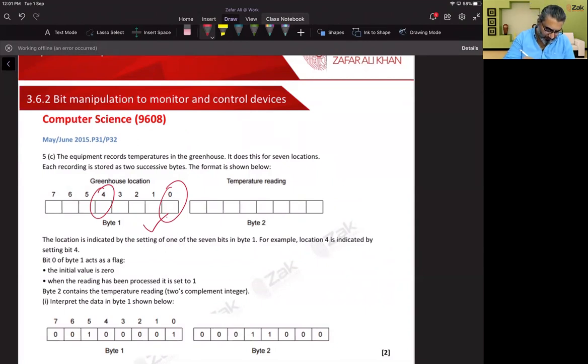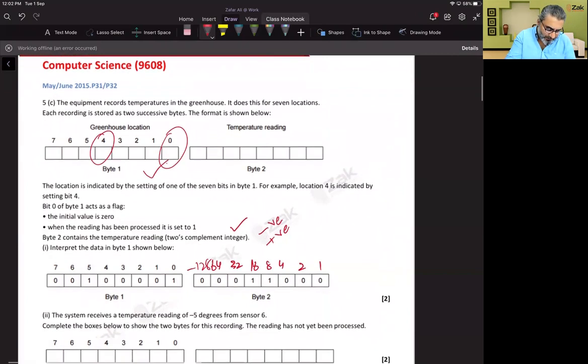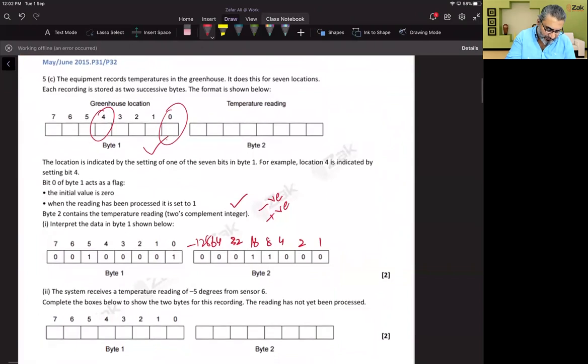Byte 2 contains the temperature reading as a 2's complement integer. So it can be negative as well as positive. If we mark it 1, 2, 4, 8, 16, 32, 64 and minus 128. Now interpret the data below.